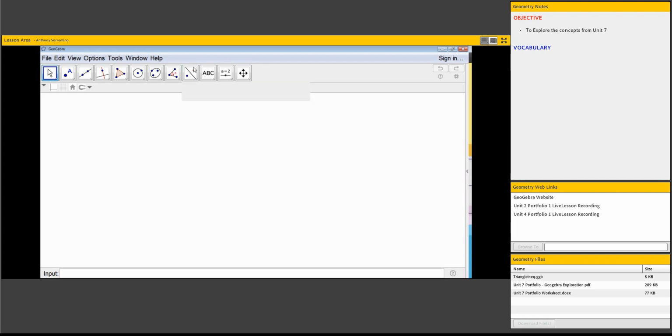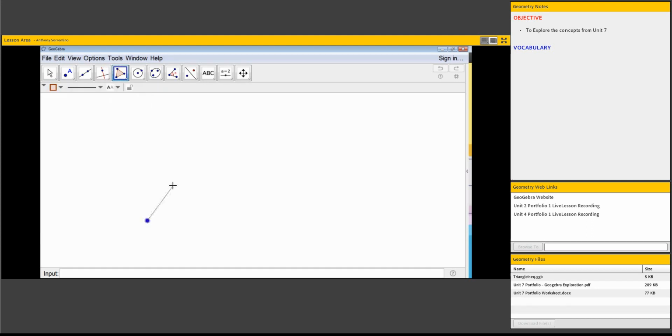So I want to make sure I make triangle ABC, and I want it to be a non-equilateral triangle. So what I want to do is make sure I create the triangle myself. So when I say here, I don't want to create a regular polygon. I want to create a polygon. And I don't want it to be equilateral.